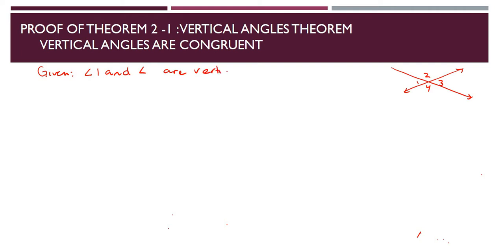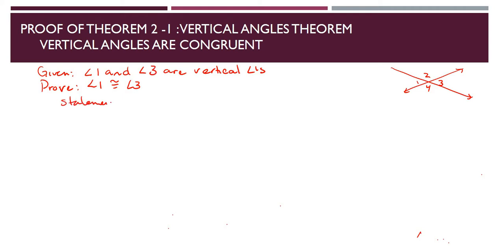And I could do this with angles 2 and 4 as well. What we want to do is prove that angle 1 is congruent to angle 3. Okay, so let's start our proof.